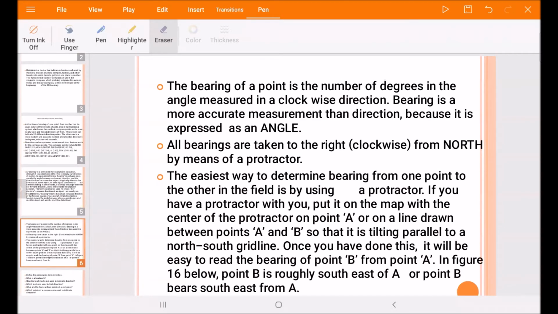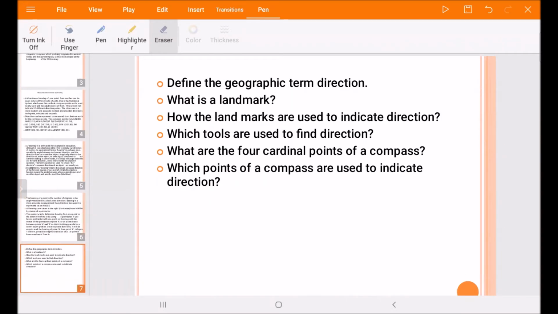Okay, now it's better to do some exercises. Define the geographic term direction: as we said before, the position of a place.